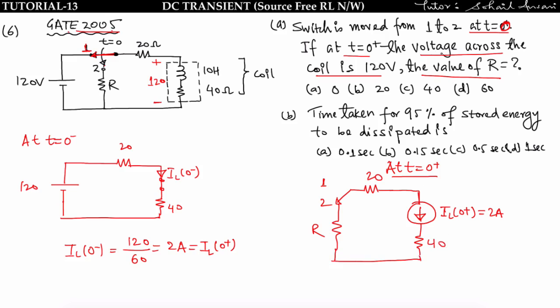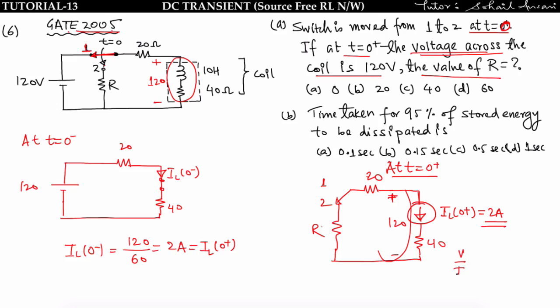Also in the question it is said that the voltage across the coil is 120 volt. What is the coil? This whole part is the coil, so the voltage across this will be 120 volt at t = 0 plus, and we have to find R. See, this 20 plus R is connected in parallel with this 120 volt, meaning the voltage across this 20 plus R will be 120 volt, and the current flowing in this circuit will be 2 ampere.